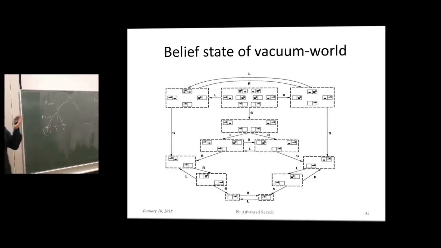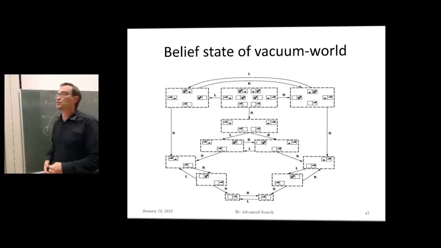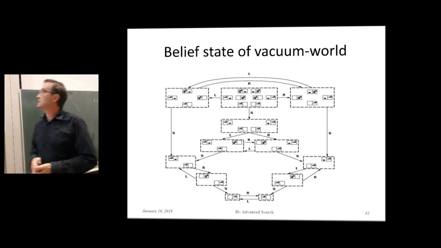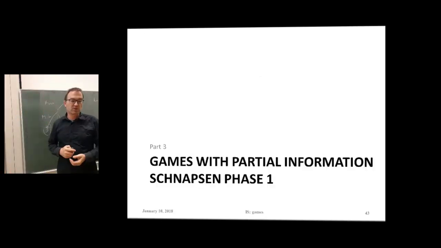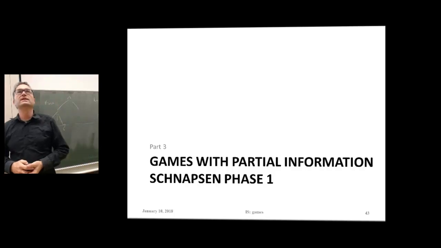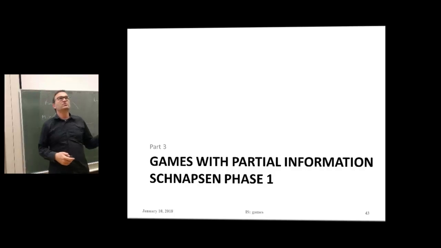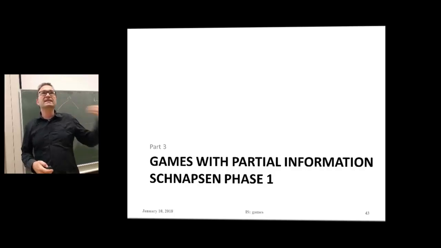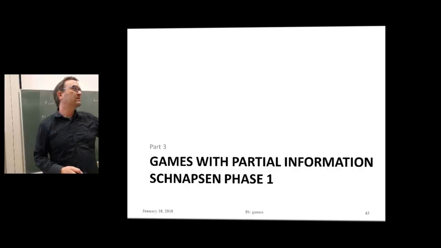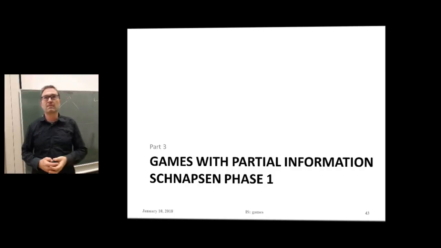So basically these belief states collect possible worlds in which something might be true or might not be true. And this is exactly what we're going to also look at now in the Schnapsen game. Because what you basically want to do in Schnapsen is consider all possible games when you have to make a decision.